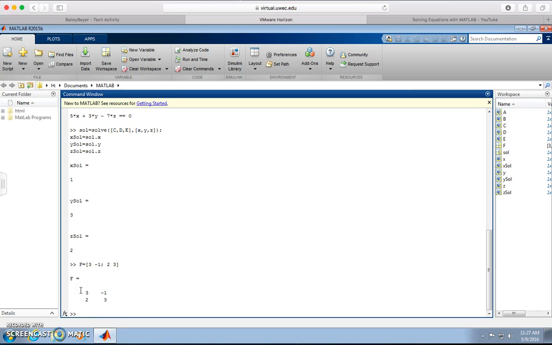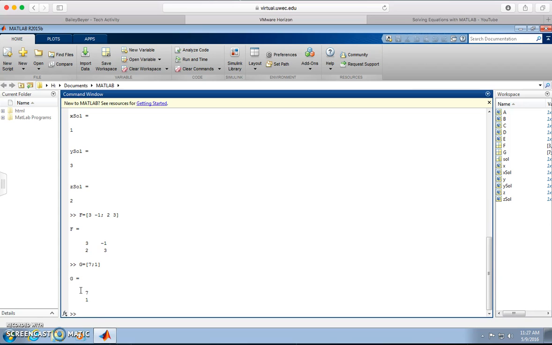Now we'll see that F is a 2 by 2 matrix of 3, negative 1, 2, 3. Now that's going to equal 7 and 1. So we'll call that G. So we'll say G equals bracket 7 semicolon 1, closing bracket, and hit enter.